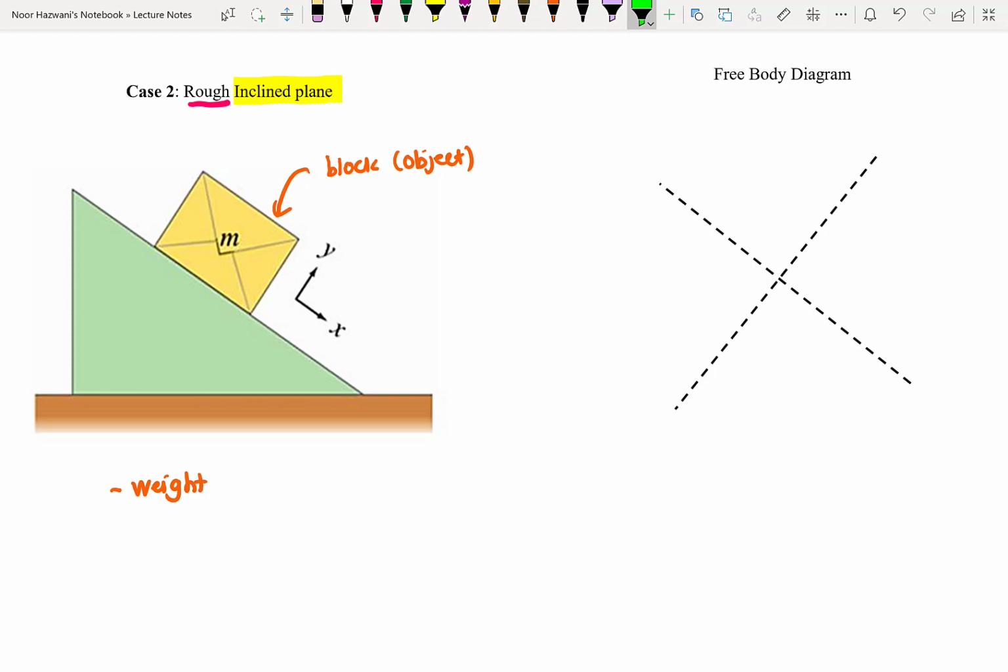So, the easiest force to be identified is weight. And then, since you could see clearly that the block is in contact with the inclined plane, it has normal force.